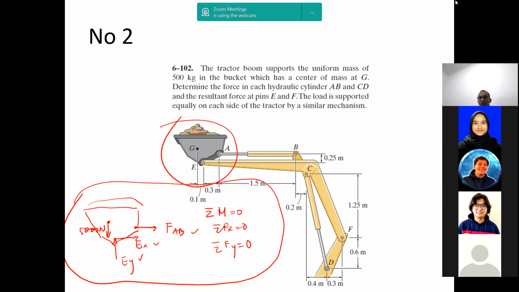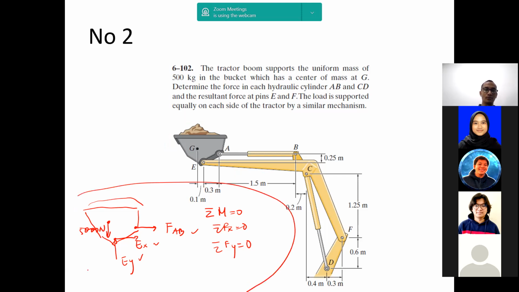Zahid, do you understand that A, B, and C, D is 2 force member? Yes, sir. Okay, good. Do you know about this as well, right? The first free body diagram, how to solve for FAB, EX, EY. You understand about that as well, right? Yes. Okay.